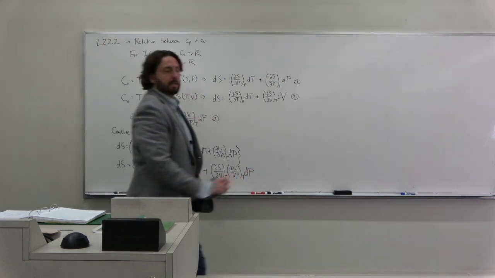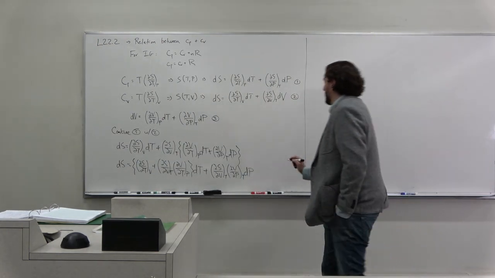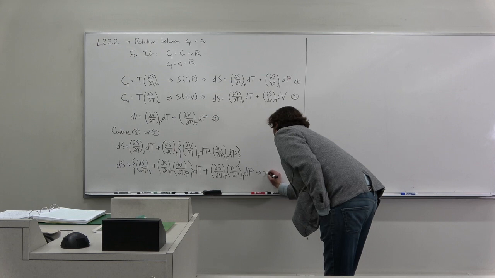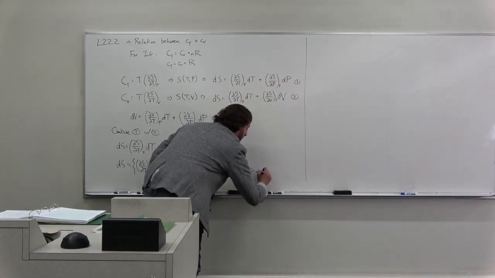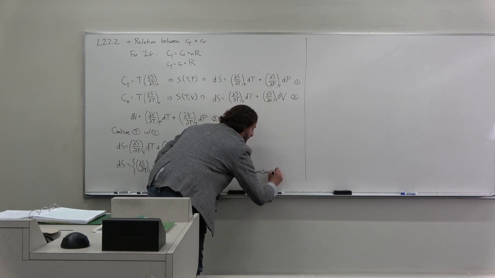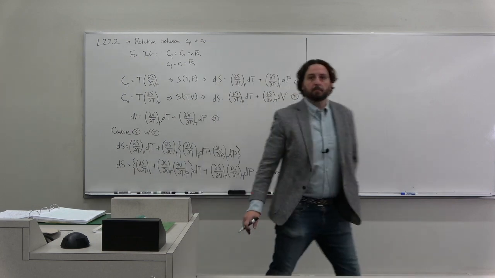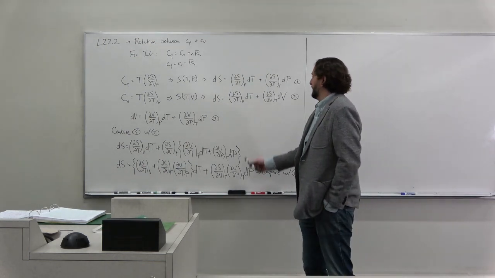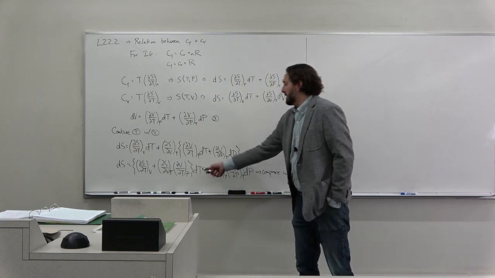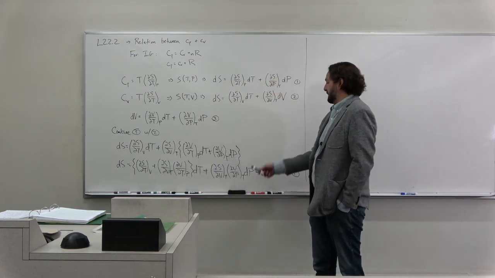All right, that's excellent. That's what we want. So now compare with number 1. What we want to do is look at this equation and this equation, because we now have a chunk proportional to dT and a chunk proportional to dp.